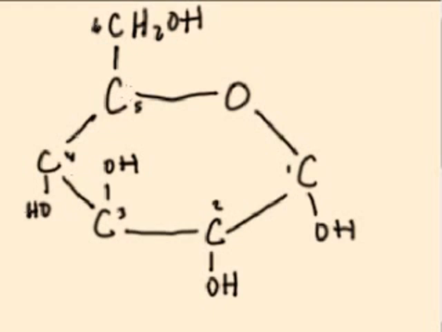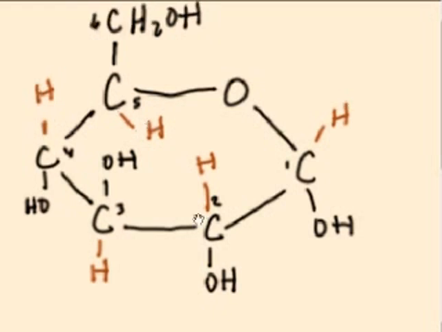Anywhere else where there's not a full complement of 4 bonds on the carbon, it's understood that there's a hydrogen there. So these hydrogens are understood. So that's one way to draw this structure.